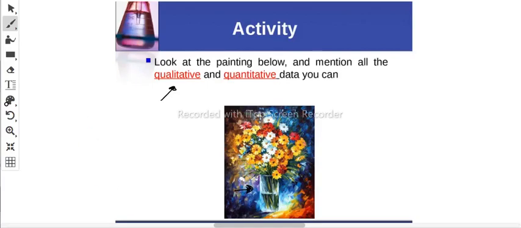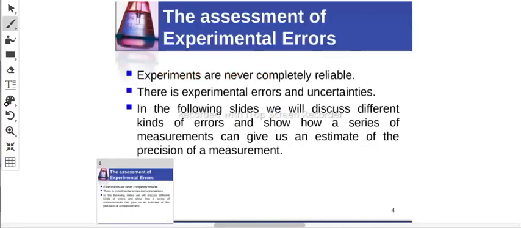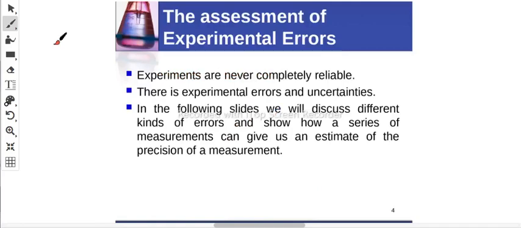After knowing the difference between quality and quantity, now we're going through the assessment of experimental errors. It is so important to remember that all experiments are never completely reliable. Due to what?